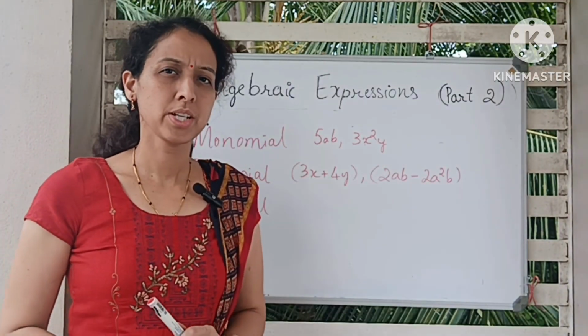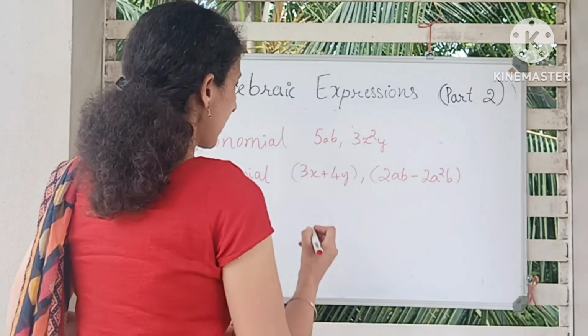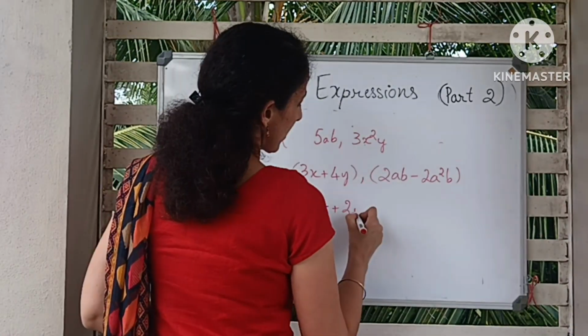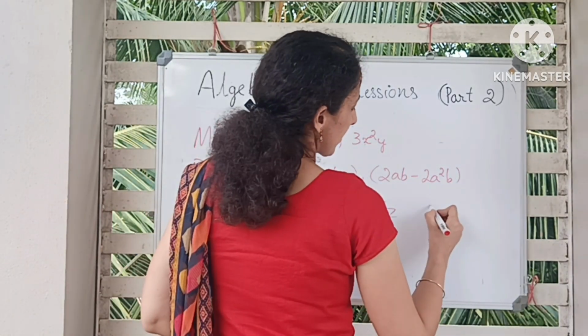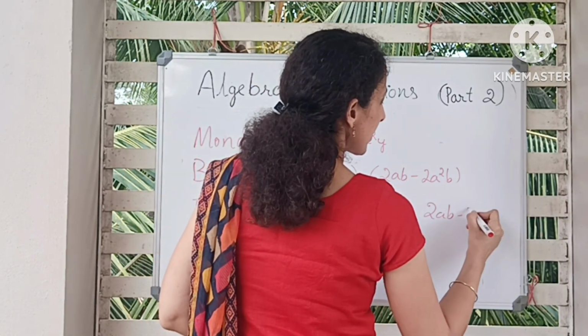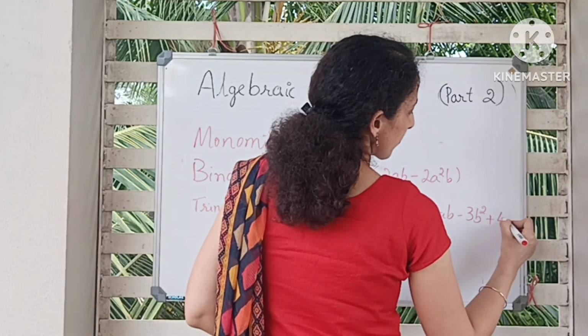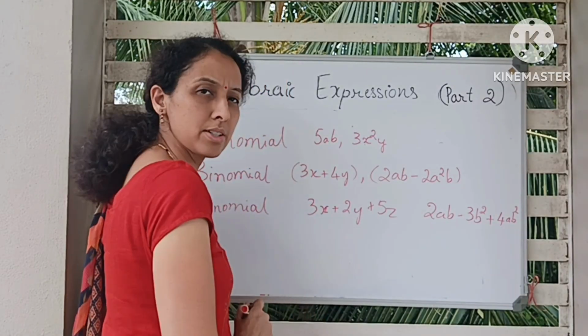Similarly, an expression containing three terms is called a trinomial. Example, 3x plus 2y plus 5z or 2ab minus 3b square plus 4ab square. These are trinomials.